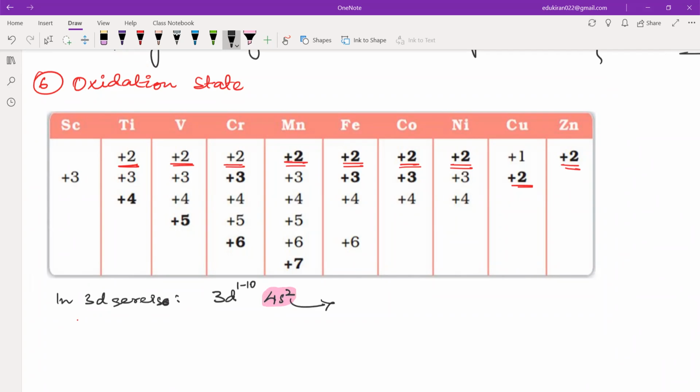And this is the reason why we have +2 as the most common oxidation state in D block elements.